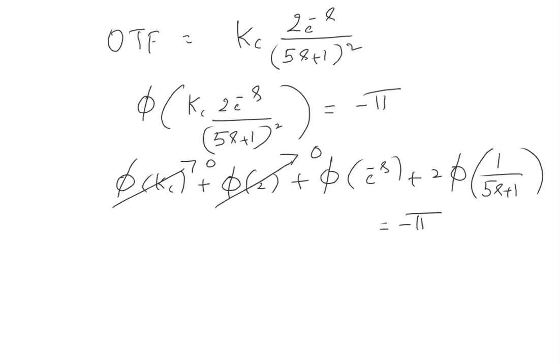Phase angle of e power minus s is minus omega c, plus 2 tan inverse of minus 5 omega c, which is equal to minus pi.